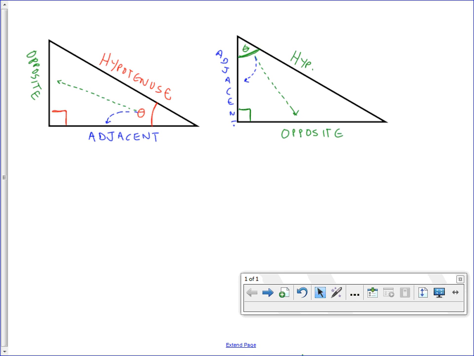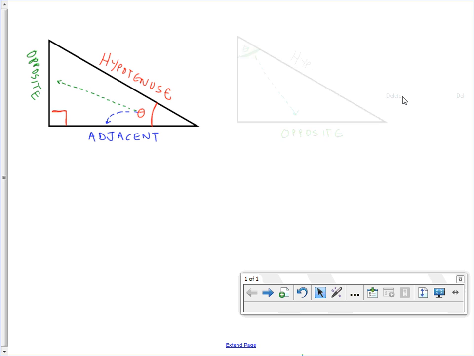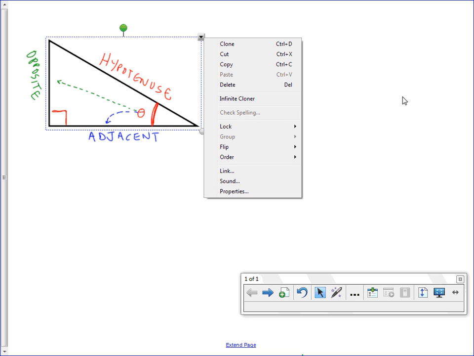So it matters a bunch which angle you're talking about when you identify the name of a side. For us, in most cases, we're going to deal with angles that are measured relative to the horizontal, like this one. Now, we have this triangle.